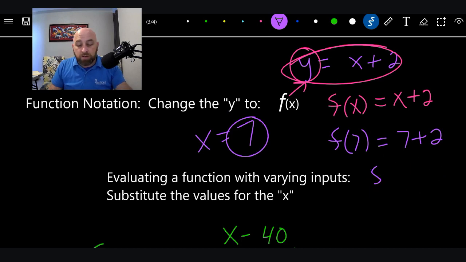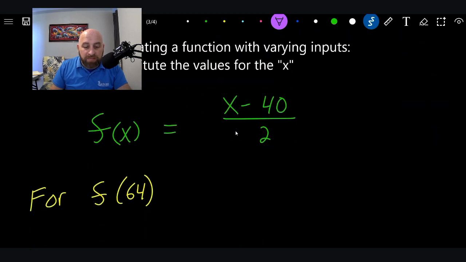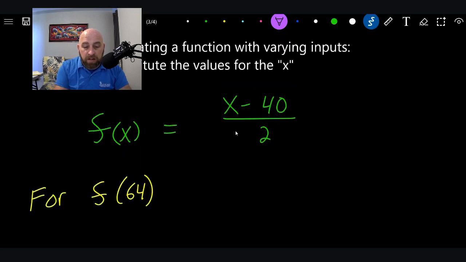All right, so let's do a few of these a little bit more complicated. We are now on page 458. So evaluating a function with varying inputs, substitute the values for x. That's all we're going to do here. This is our function, okay? Now it says down here, the yellow, we want to do the function of 64 instead of the function of x.